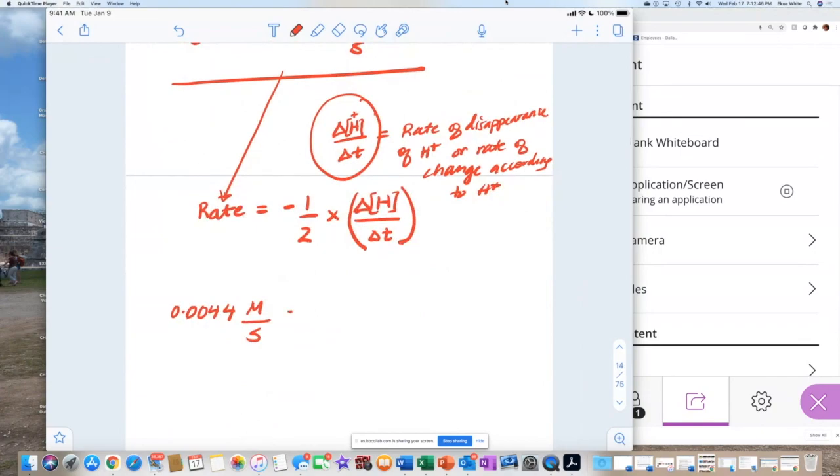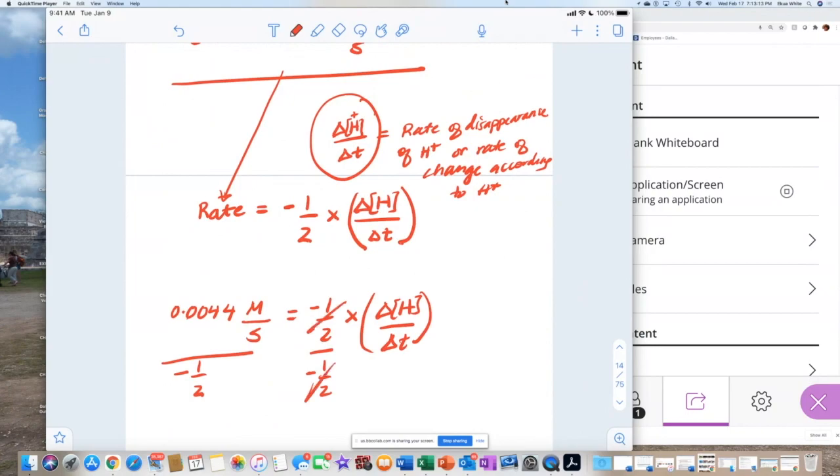0.0044 molar per second equals negative 1/2 times the variable we're trying to solve for, right? Delta [H+] over delta t, and this is the concentration of H+. We're trying to solve for this. So go ahead and divide this by negative 1/2, and let's see what we get.